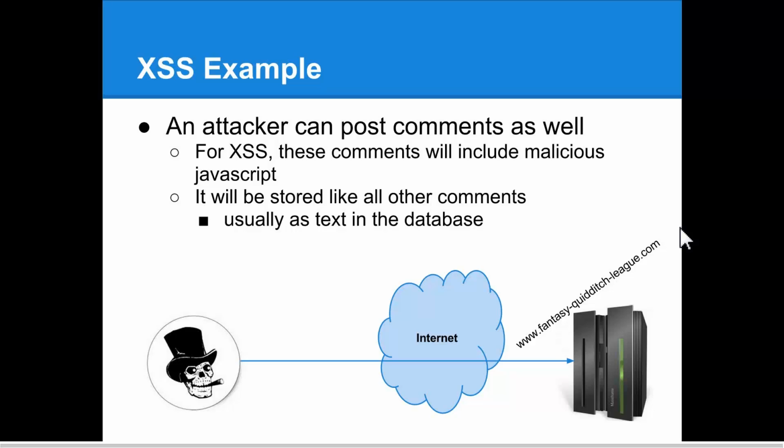And so these comments are in the form of text. And if they're not secured at all, an attacker can post comments as well. These comments can have a script in them. And this allows for cross-site scripting attacks.